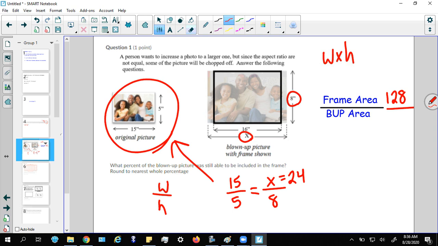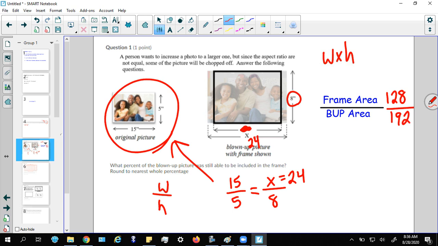Okay, so let me kind of clean this up for a second. Now this 16 is a little confusing. I really don't need the 16 anymore because I just needed it for the area of the frame. But I know that the width is 24, so 24 times 8 gives me the blown up picture is 192.